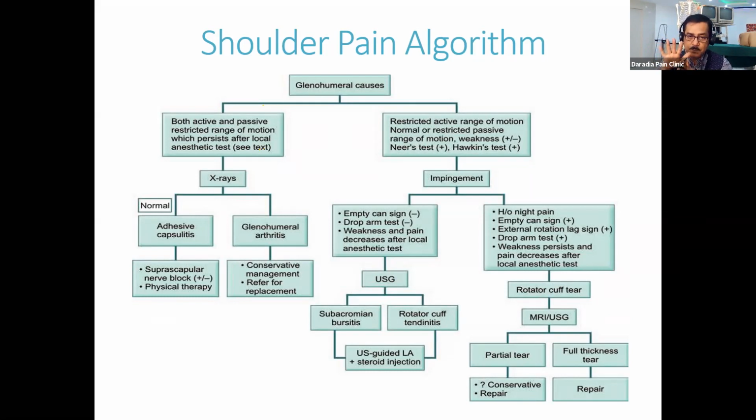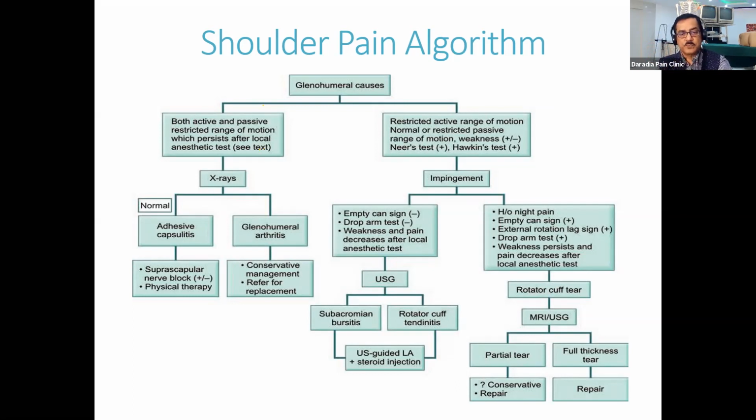These are the 5 most common causes of shoulder joint pain, and out of these, 2 are extraglenohumeral. Which 2? The AC joint and the bicipital tendon are extraglenohumeral, and the others, your frozen shoulder, rotator cuff tendinopathies and bursitis, are glenohumeral.